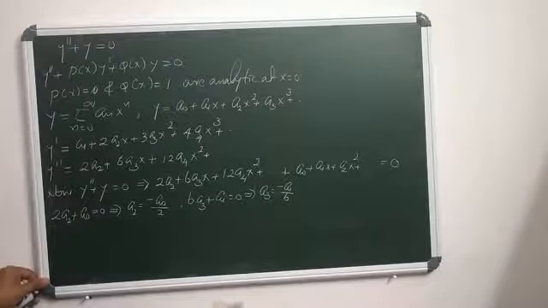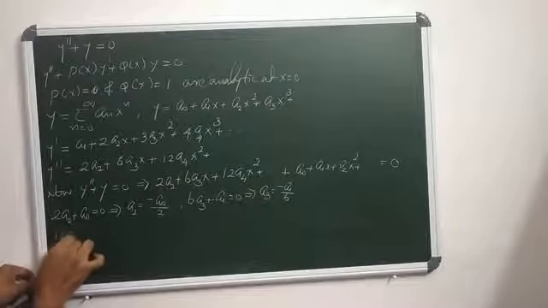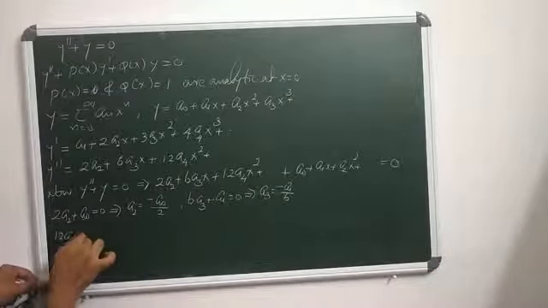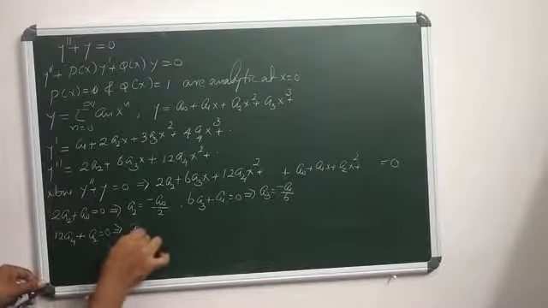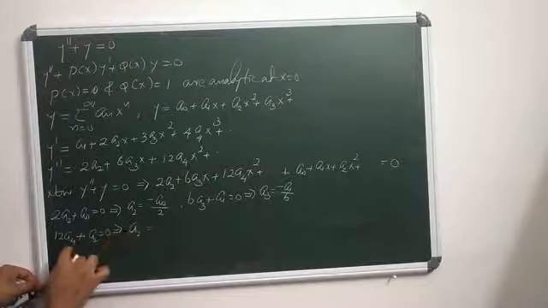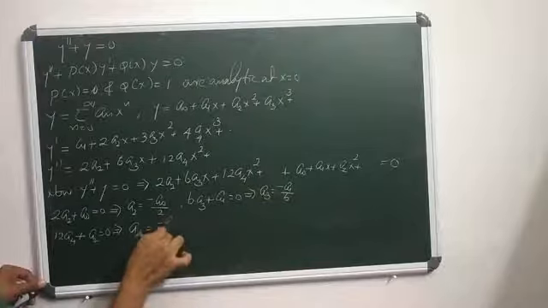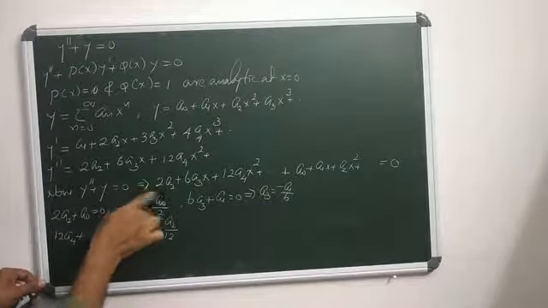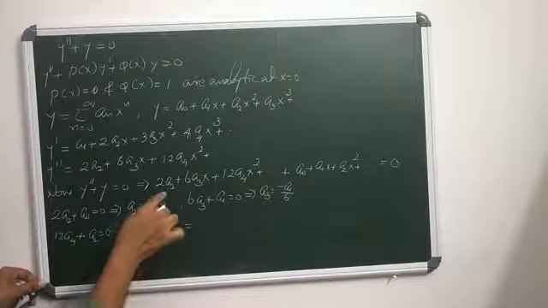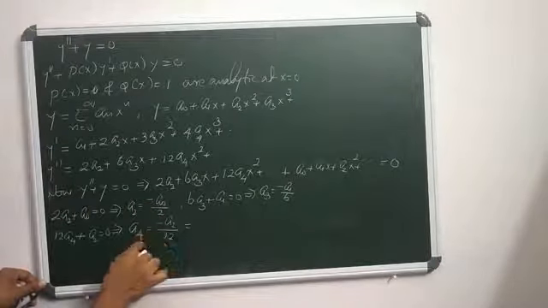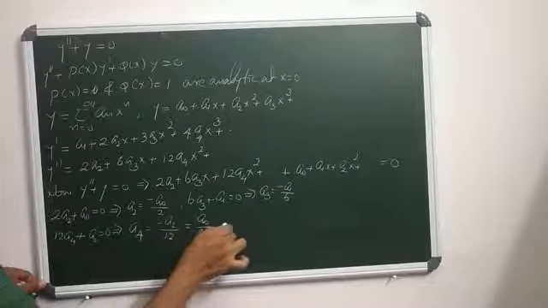Again, the coefficient of x square: 12a4 plus a2 equals 0, so a4 equals minus a2 by 12. But a2 is expressed as minus a0 by 2, so replacing it, a4 is a0 by 24, and so on.